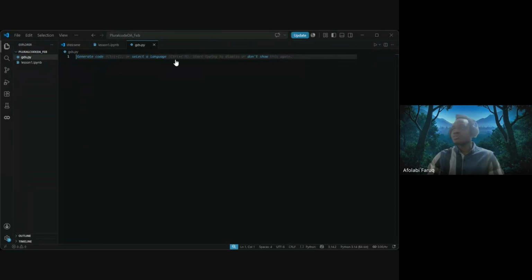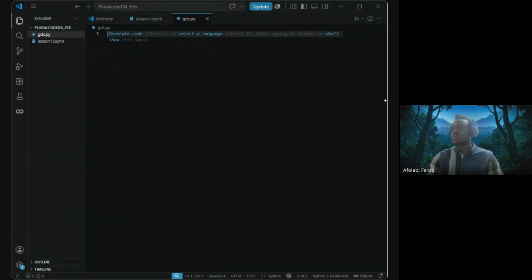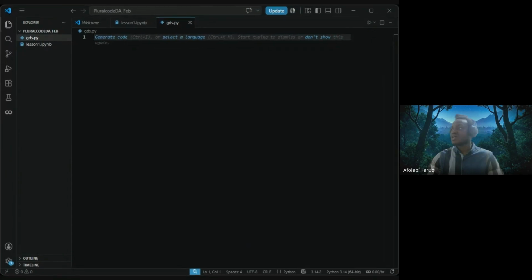Like we've all known, we are going to import the required libraries. So what we're going to be doing here is basically to see how we can implement backpropagation in pure Python, and then we are going to visualize that in graphical form.